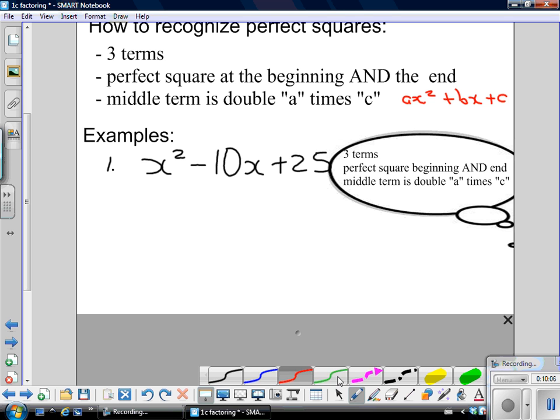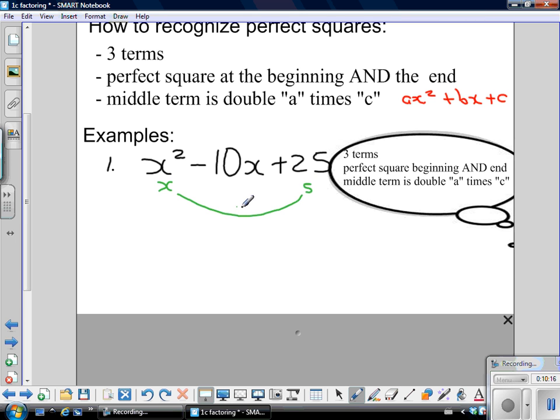So what often I do is underneath or on another sheet, I go square root of that is x. Square root of this is 5. I multiply them together, which now is 5x. And then if I multiply that by 2, do I get that middle number? 5 times 2 is 10. So yes, it is. So that means that this is a perfect square.